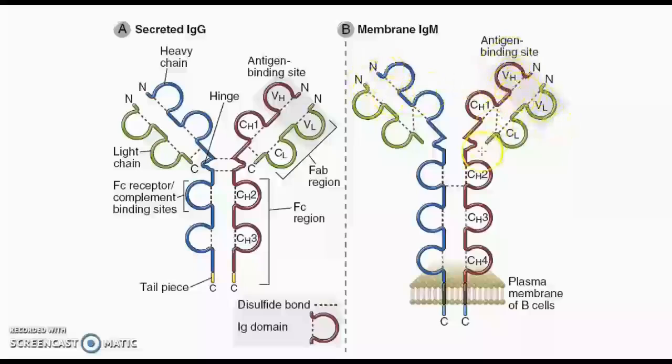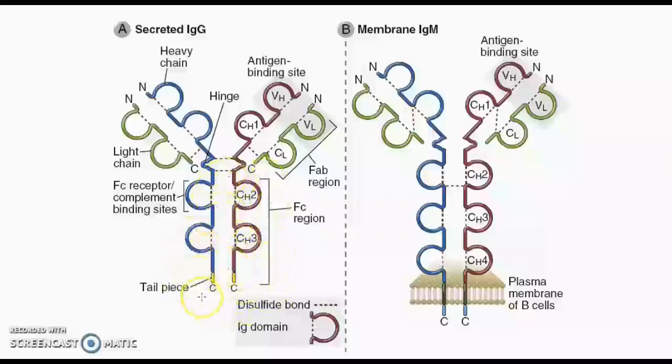The heavy chain C region interacts with other effector molecules and cells of the immune system. Here is the heavy chain region. The heavy chain exists in two forms. Here is one form and here is another form. In one form, the heavy chain anchors membrane bound antibodies in the plasma membrane, and the other form is found only in secreted antibodies like IgG.